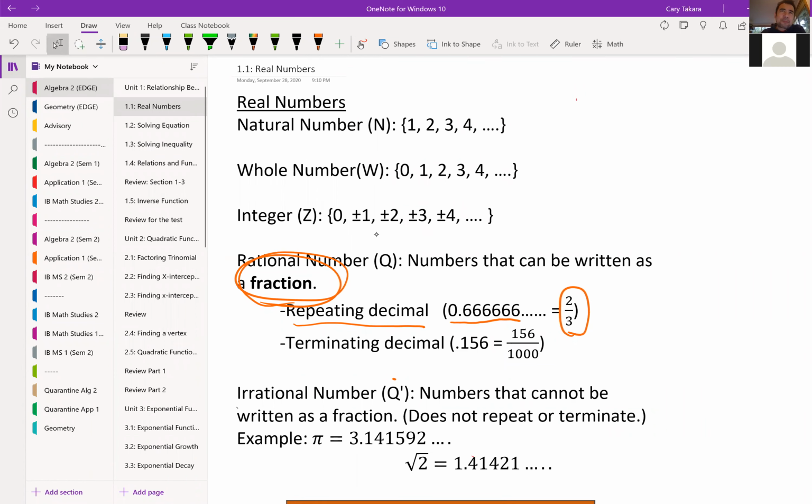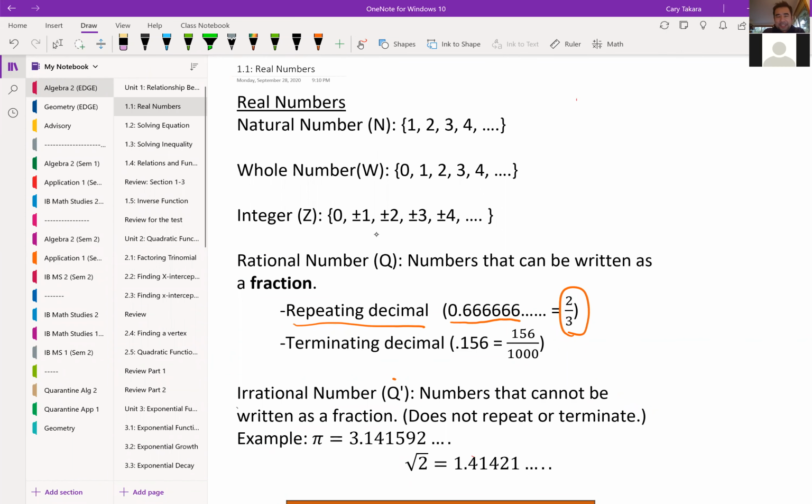In other words, if you have a repeating decimal, you can always rewrite it in the form of a fraction. In other words, a repeating decimal is also a rational number because a rational number is a fraction. Am I making any sense to you guys?